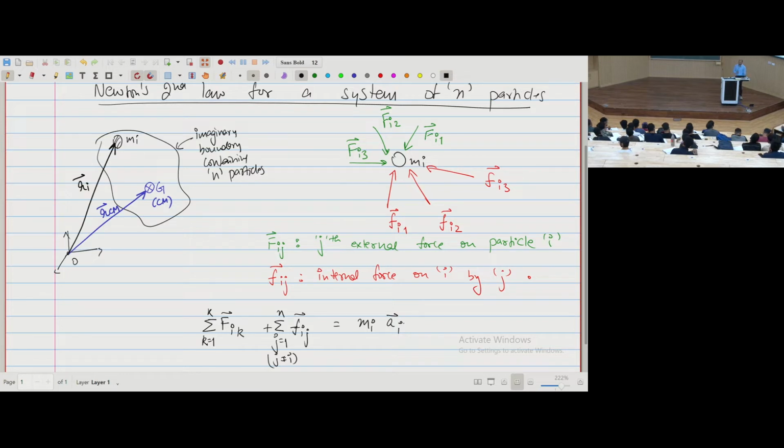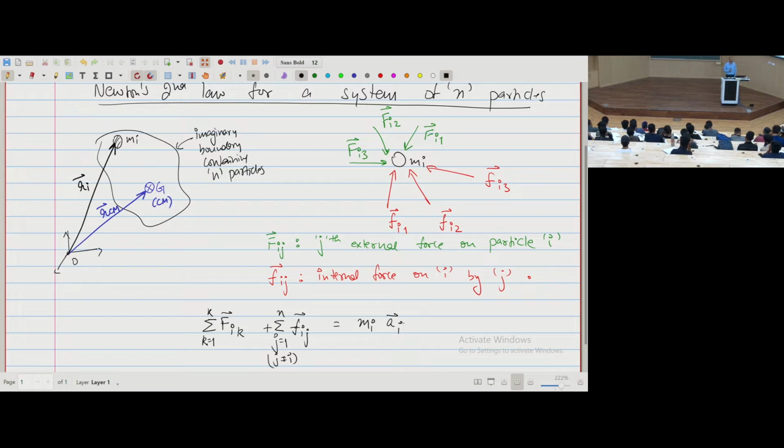That's the first summation. Then we add all the internal forces acting on the ith particle. That's the second summation. Of course, j cannot be equal to i because there is no meaning of f_ii, there is no internal force by itself.